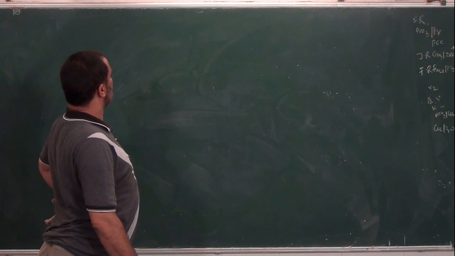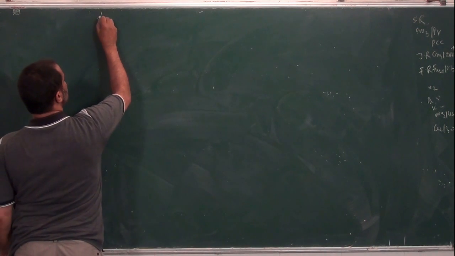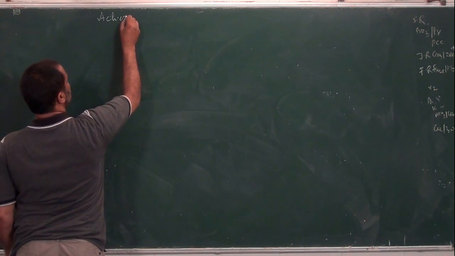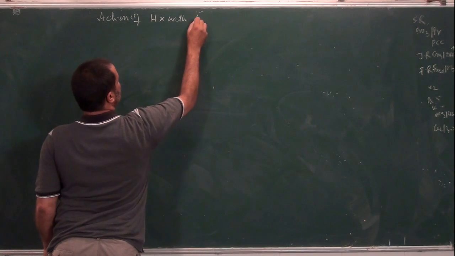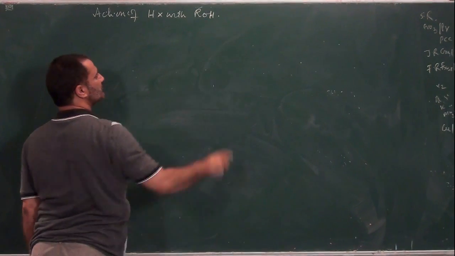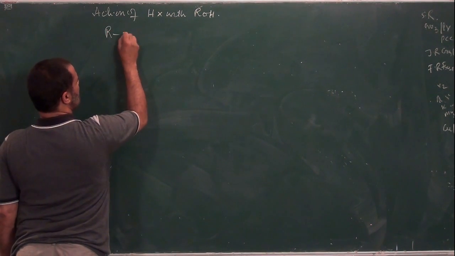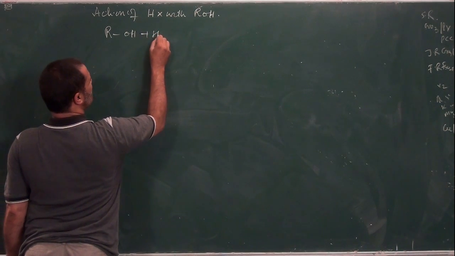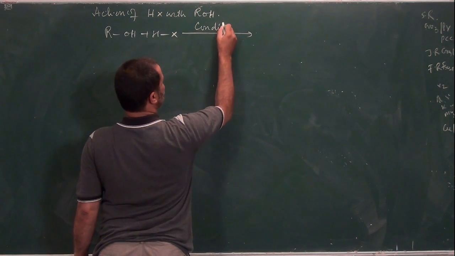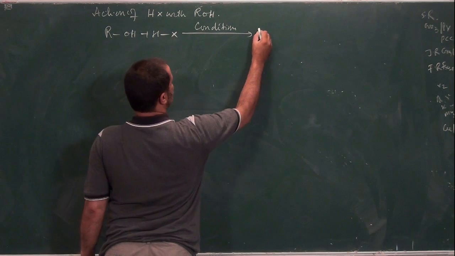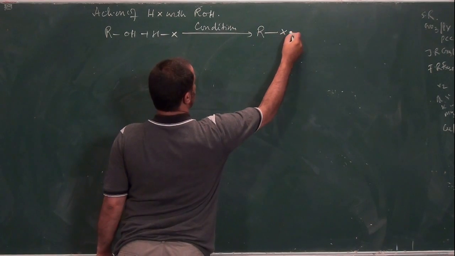Now, action of halogen acids with alcohols. Action of HX with alcohols. Alcohols, when treated with HX under suitable conditions, give RX plus H2O.